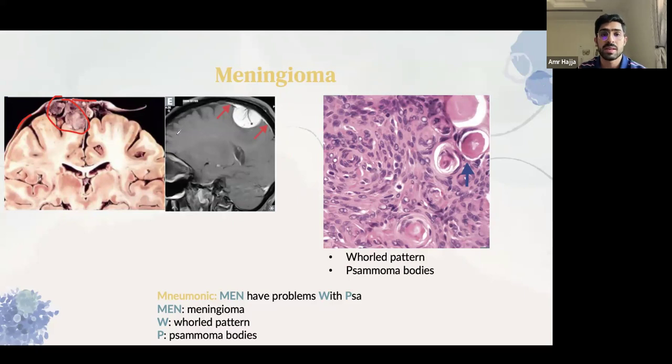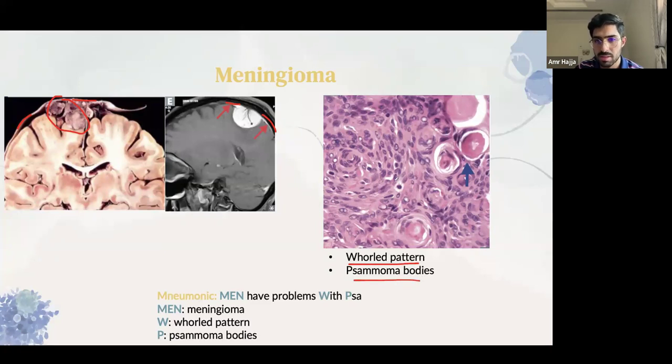Okay? And it's characterized by its attachment to the meninges, which is basically its tails. So here we have one tail, and here we have another tail, this whitish thing attaching to the meninges, and then they are compressing the cerebrum itself, forming a kind of ball. Okay? And its important histopathological findings are two: whorled pattern and psammoma bodies.